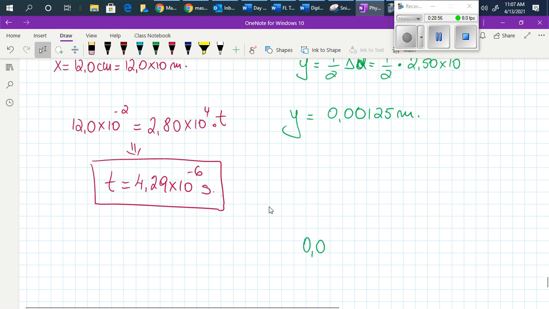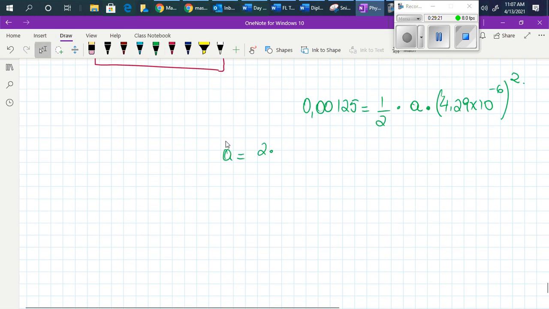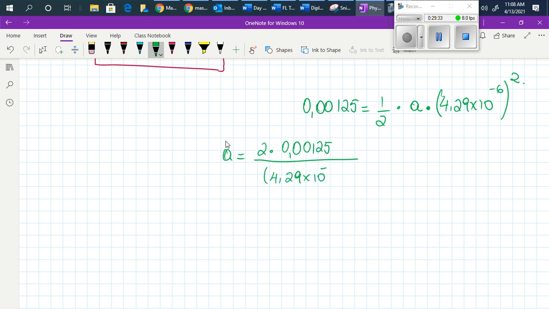So 0.00125 is equal to 1 over 2 times acceleration times the time that we just found, (4.29 times 10 to the power of negative 6), the whole thing to the power of 2. So acceleration will be 2 times 0.00125 divided by (4.29 times 10 to the power of negative 6), the whole thing to the power of 2.